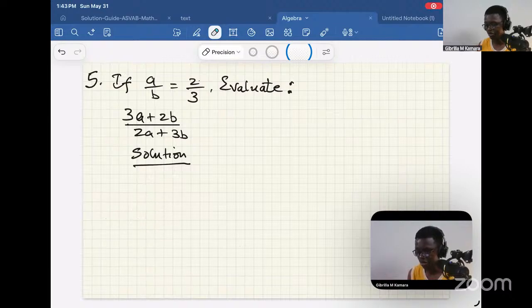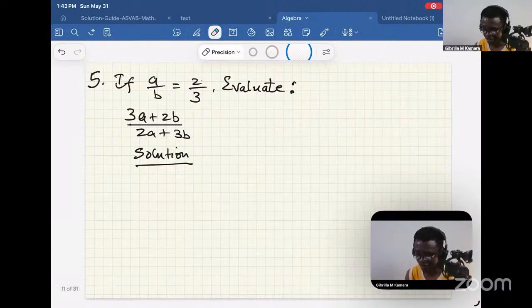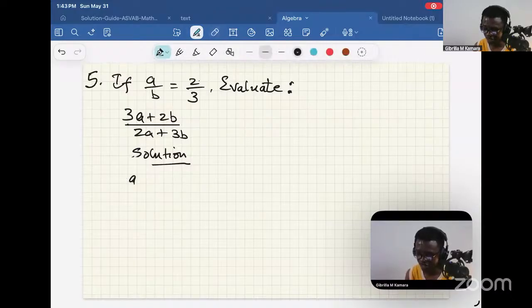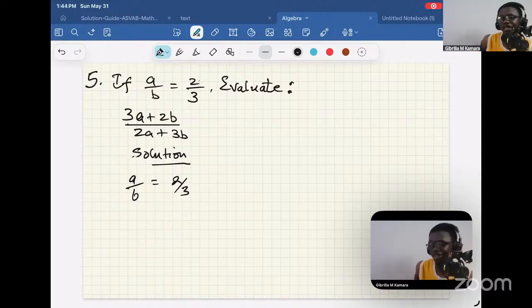So the other method we want to use is this. You are given A over B equals 2 over 3. You're going to let a particular letter be the subject.